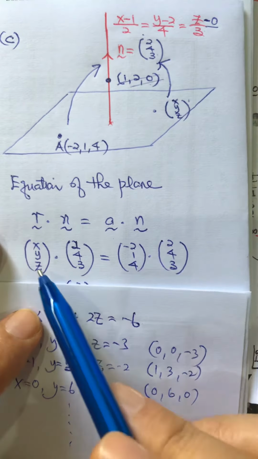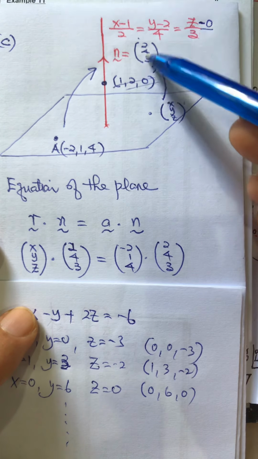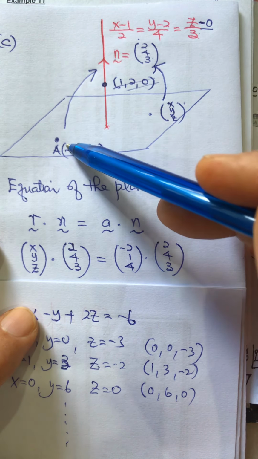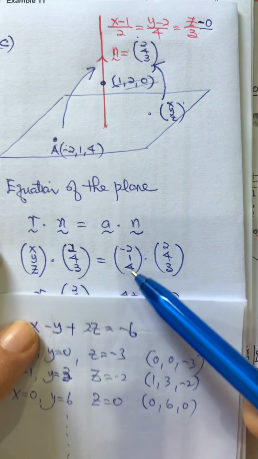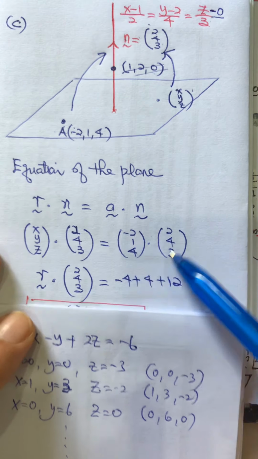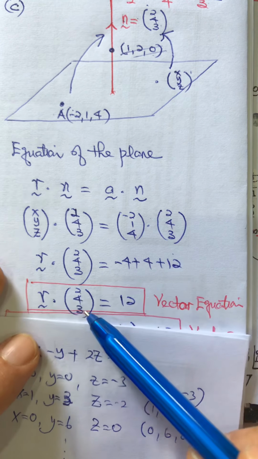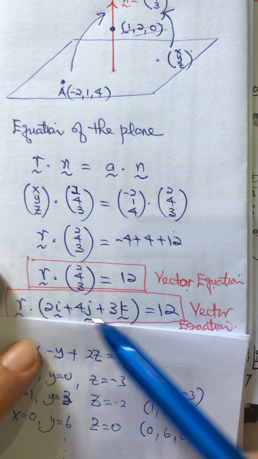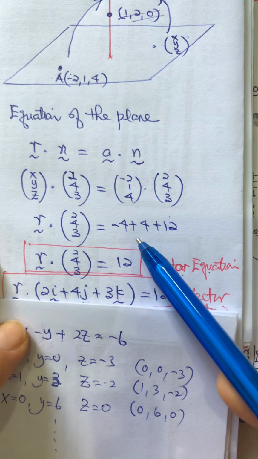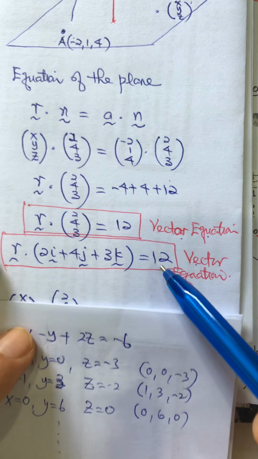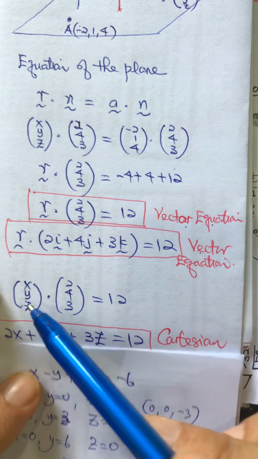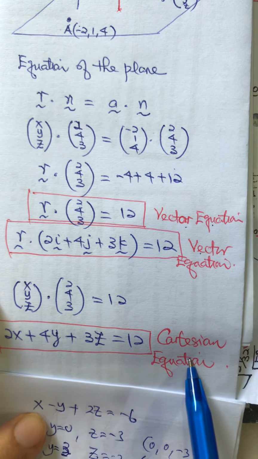Okay, so you dot x, y, z dot with 2, 4, 3. You don't take this one dot with this one. It's this one dot with the n, this one dot with the n. Here I dot the right hand side. I don't dot the left hand side. So I get the vector equation. I only dot the right hand side. That is the vector equation. For the Cartesian equation, I dot both sides. So this is a Cartesian equation.